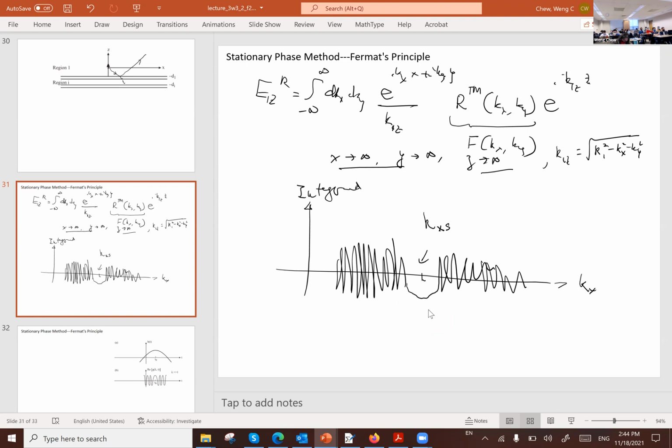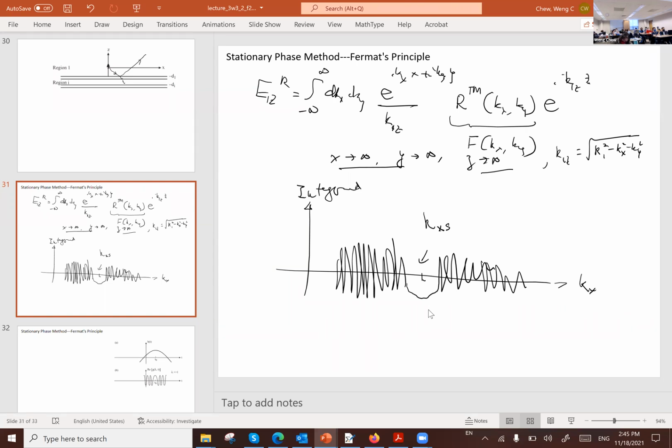Do you see that if I were to do a numerical integration, most of my contributions will come from around the stationary phase point? Because if I integrate over the rest of the integrand, it will just cancel destructively. Only the integration around the phase point matters.